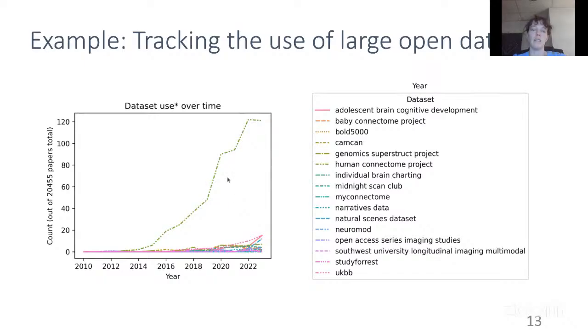So for example, the adolescent version or the adult version counted among the same count here. So take it with a grain of salt, but basically the Human Connectome Project is being used a lot, and we should think about when to stop using it.